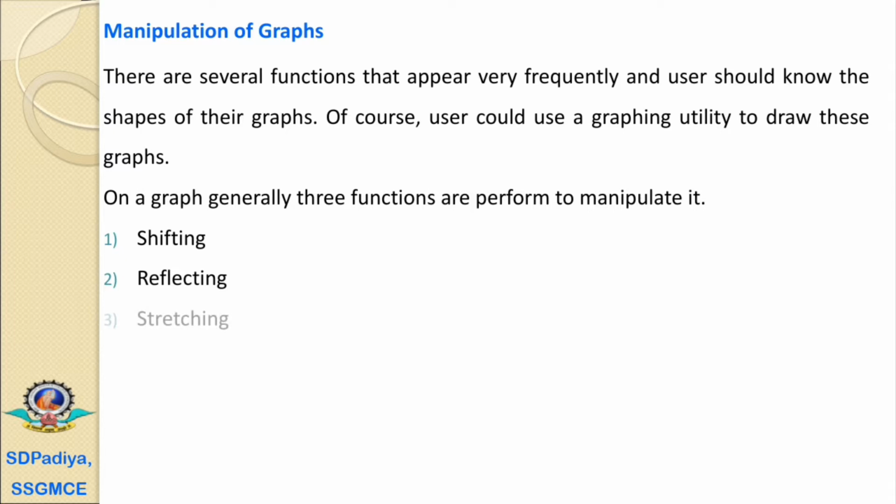And third is the stretching of a graph. We can also perform a shrinking of a graph. But here, majorly we are considering only three functions to perform the manipulation of a graph. First is shifting, second is reflecting, and third is stretching.